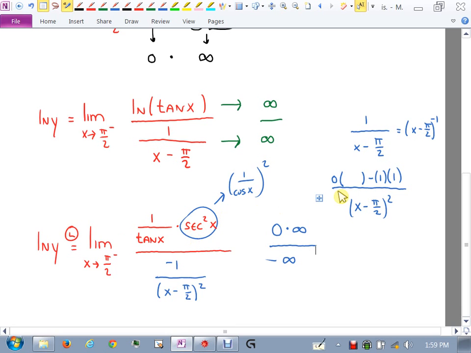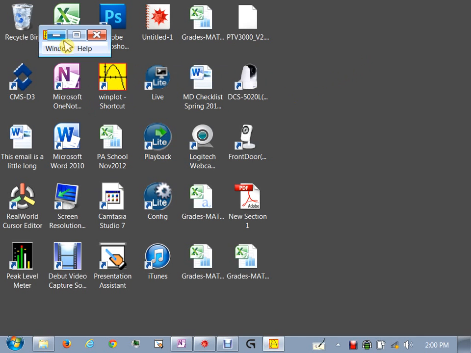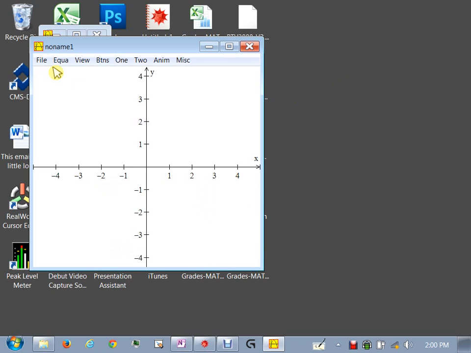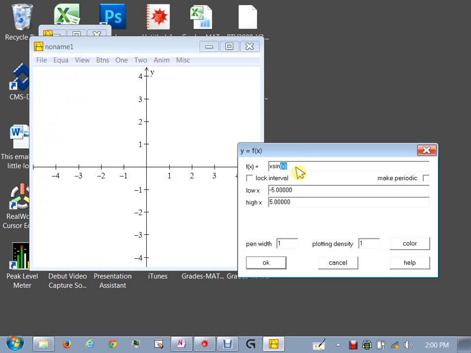So if I were trying to figure this limit out, which was way back up here, right? This right here, again, you wouldn't be asked to do this on a test, but if I were trying to figure it out quickly, I would try and graph it. What was it that I had? Tan x raised to the x minus pi over 2.